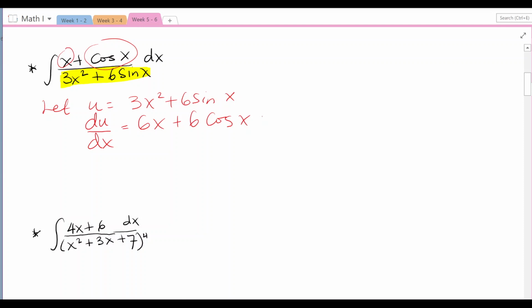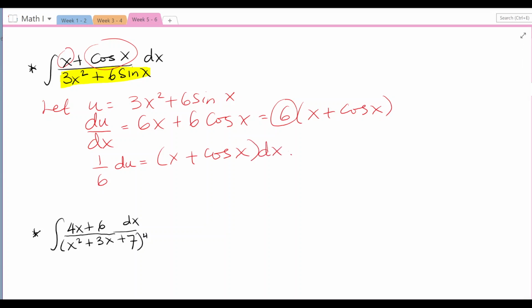And we can take the 6 out: 6 times (x plus cos x). If we move the dx to the right-hand side, we get (x plus cos x), which is the same as in the equation, and we move the 6 to the left-hand side, so 1 over 6 du equals (x plus cos x) dx.